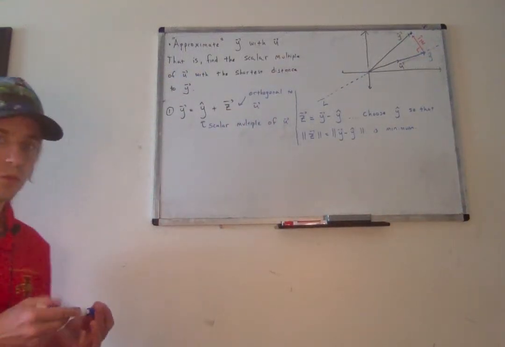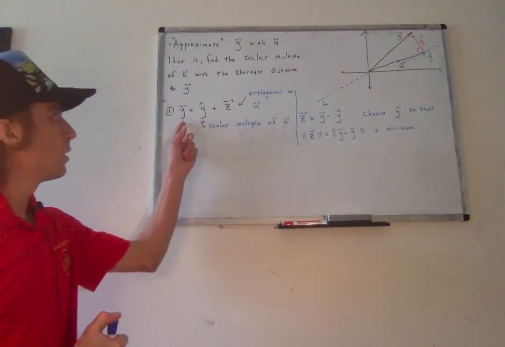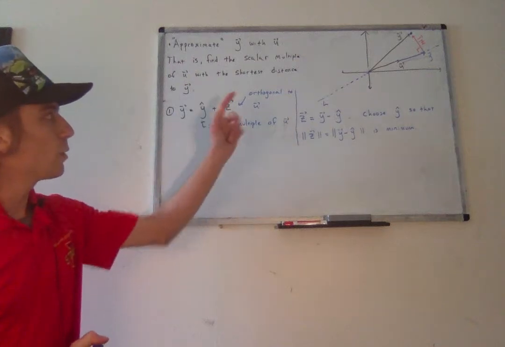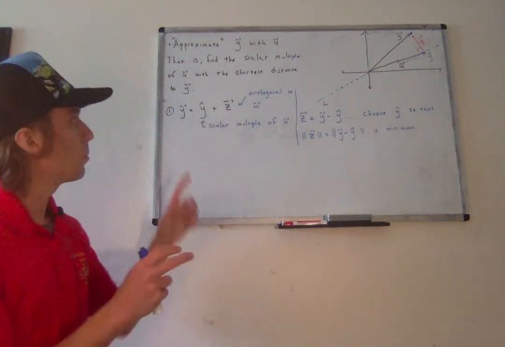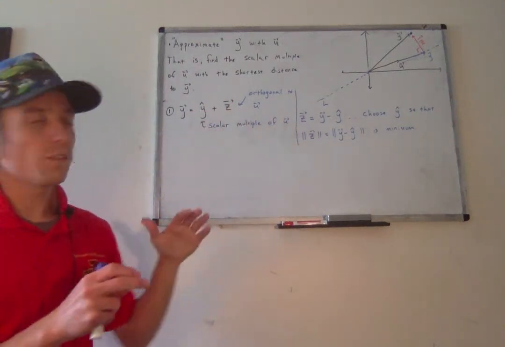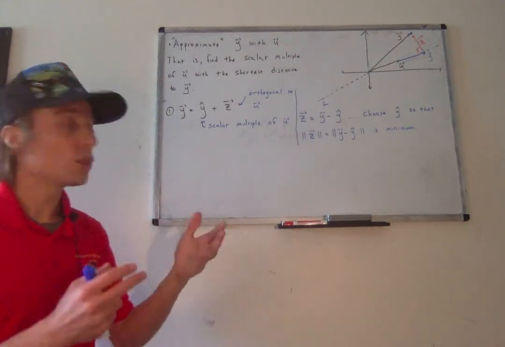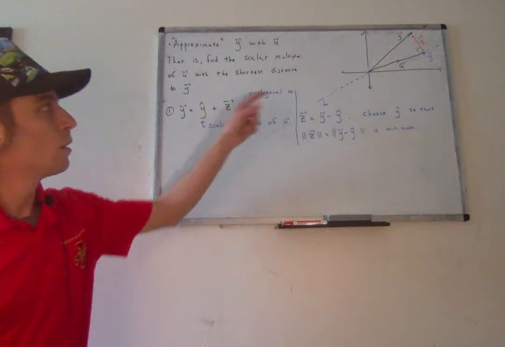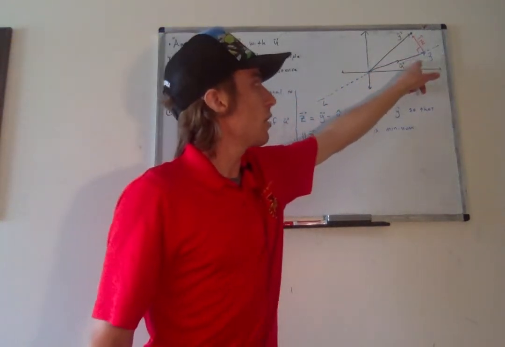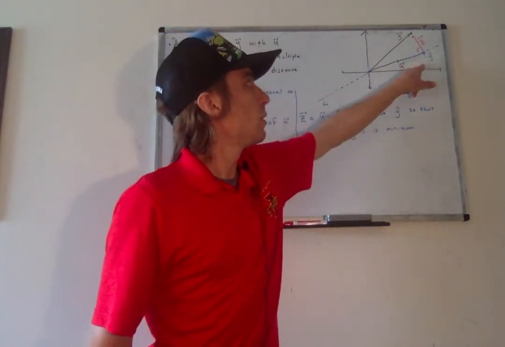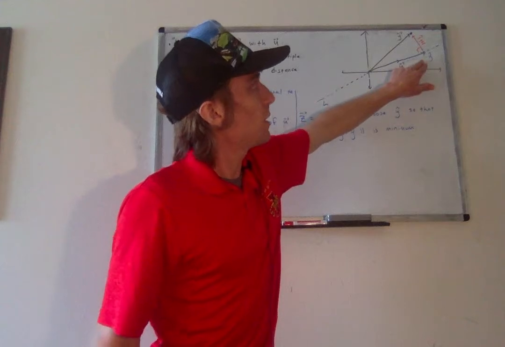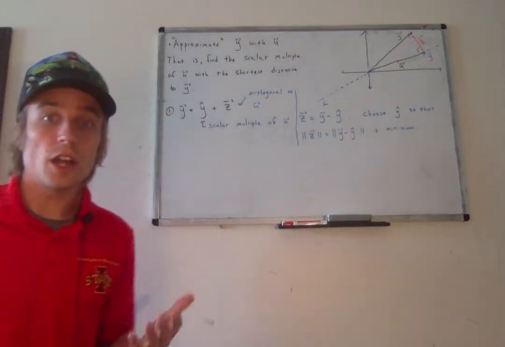Reiterating what we've got so far: if we want to approximate y using u, or find the scalar multiple of u which is closest to y, we want to find the vector that lies on the line defined by u, such that the vector connecting y hat and y, z, is orthogonal to u.